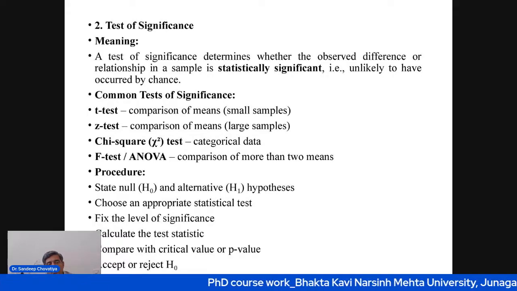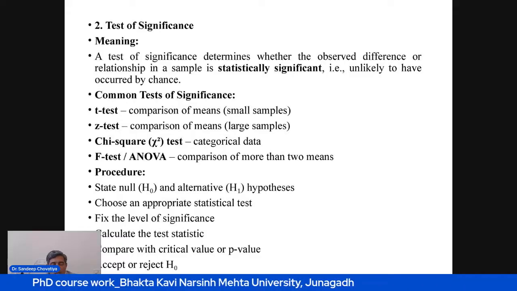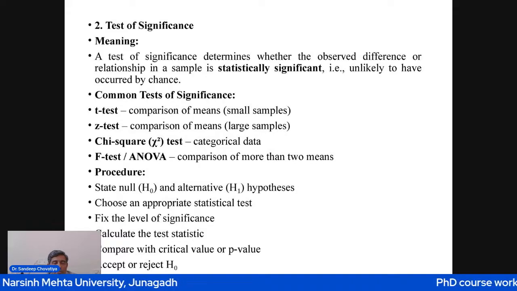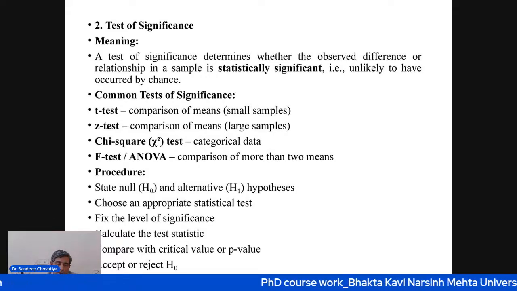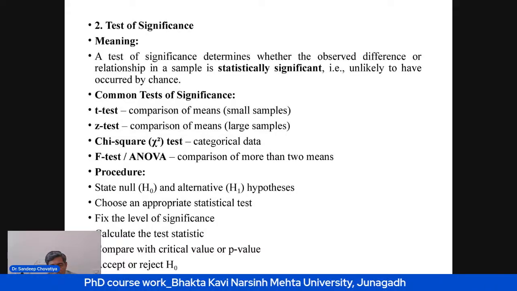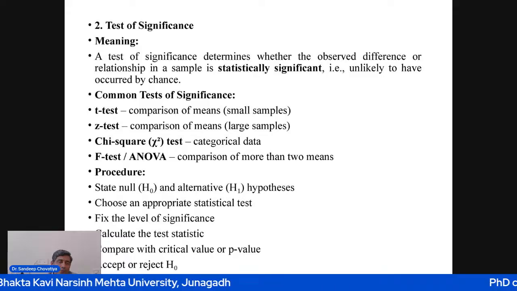Then we calculate the test statistic. After that, whatever the comparison with the critical value or p value, based on that, if we find an increase or decrease, we accept or reject the null hypothesis.